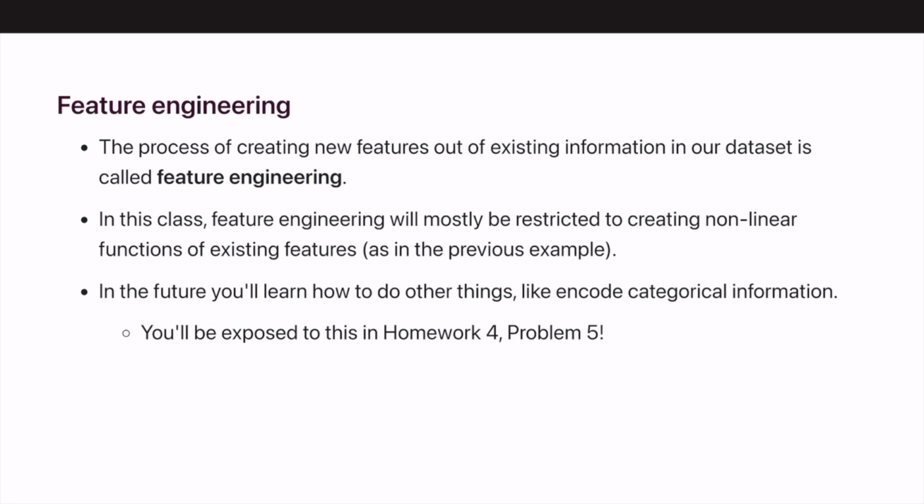So that is the process of feature engineering. It can be quite interesting, but it is an important part of machine learning, and it allows us to do a lot of interesting stuff. You'll see eventually, especially things like encoding categorical information is key, like one-hot encoding.